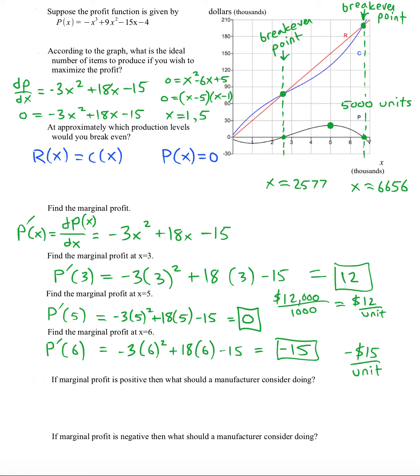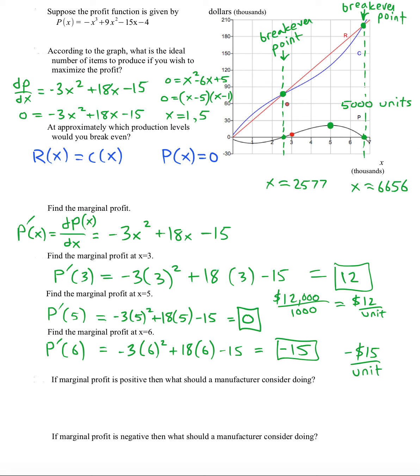Okay, now we want to interpret what the marginal profit means here to the producer. So at an x of 3, our profit is here. It's not at its highest level. It's not negative, so they're not losing money, but they're not earning as much money as they could be.